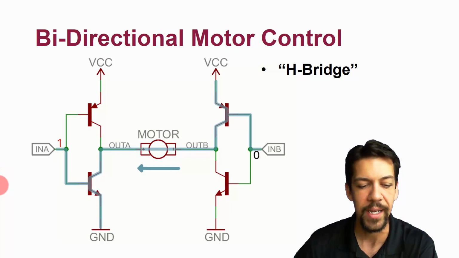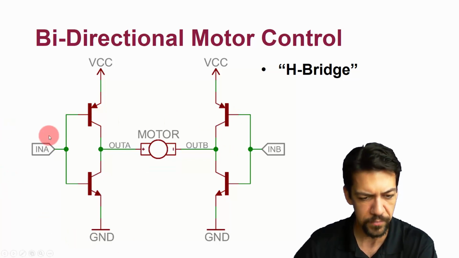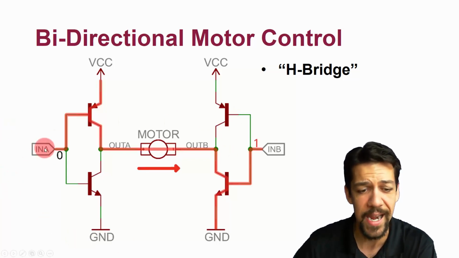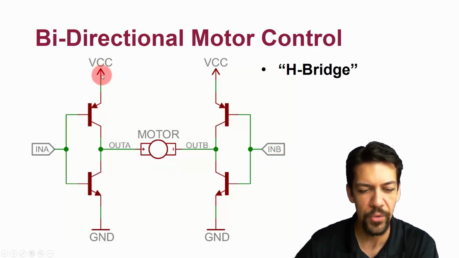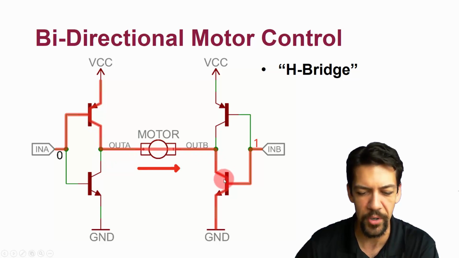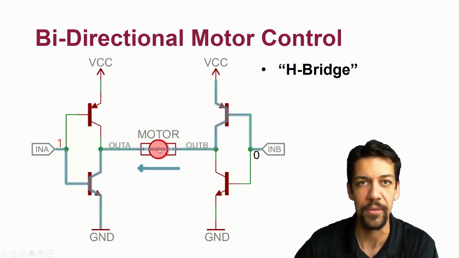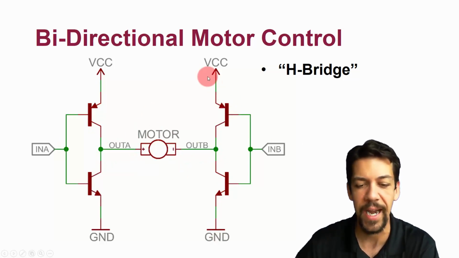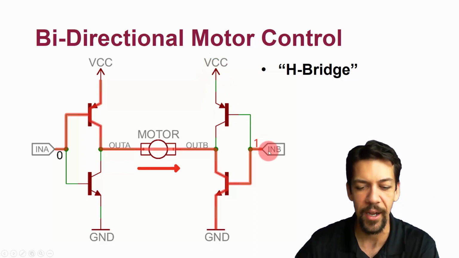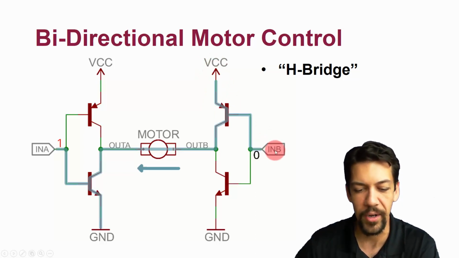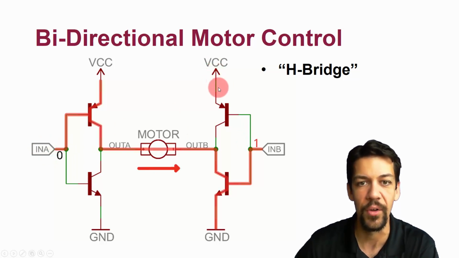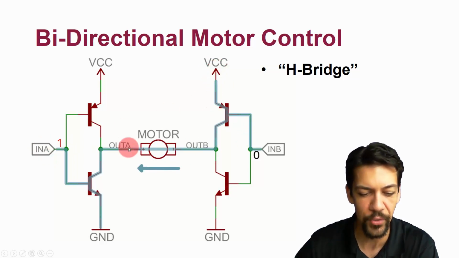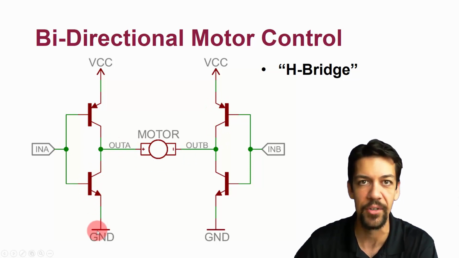So if I have a 0 on input A and a 1 on input B, current flows through the VCC, through the motor in this direction, and the motor rotates in one direction. If we flip those and go the opposite direction, if I have a 0 on input B and a 1 on input A, then current flows from VCC on this side through the motor in the opposite direction and goes down to ground.